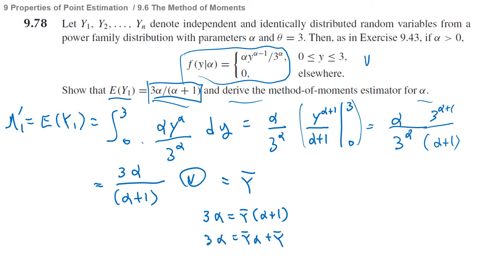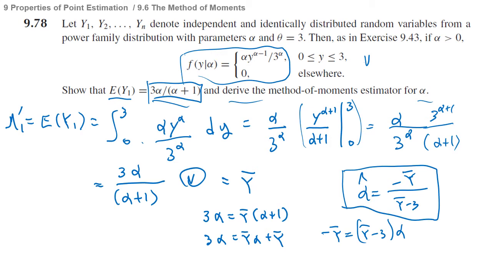Moving terms, 3 alpha minus y bar alpha equals y bar, so alpha is y bar over 3 minus y bar. Okay, so our method of moment estimate would be this thing.